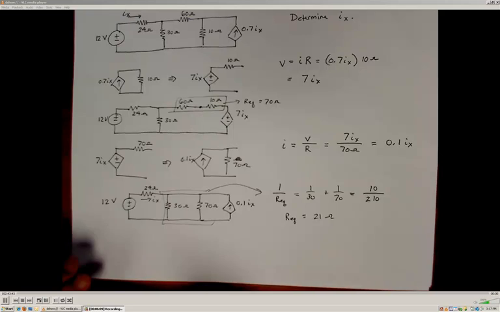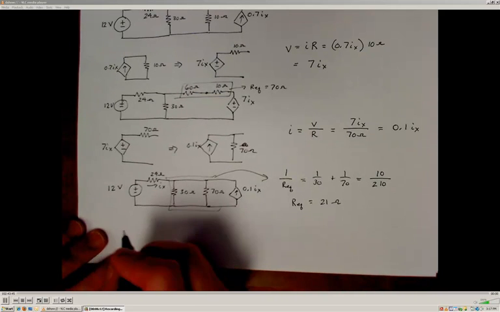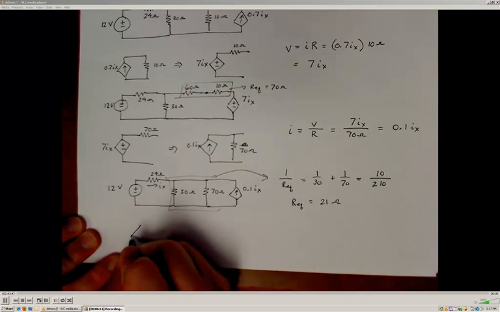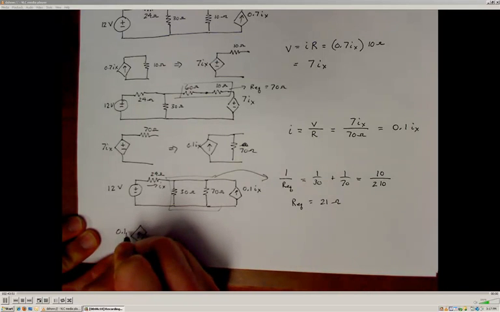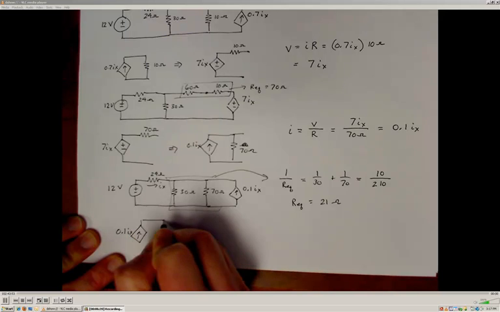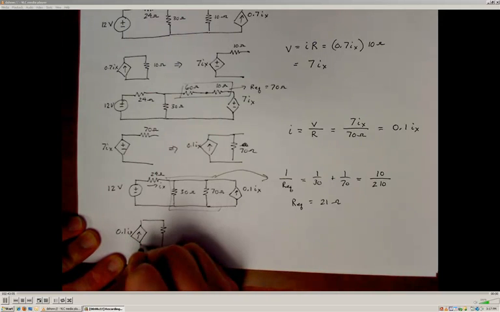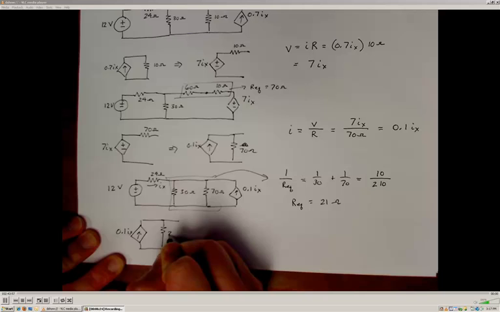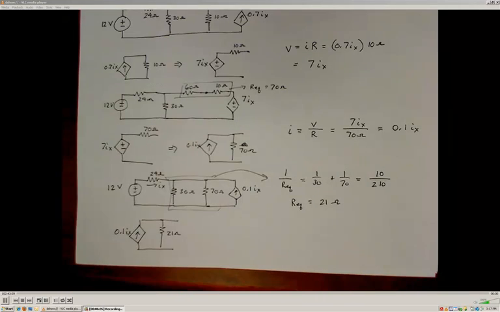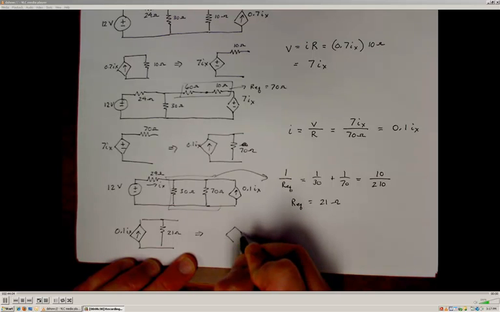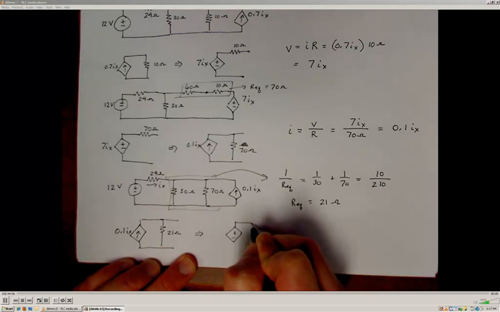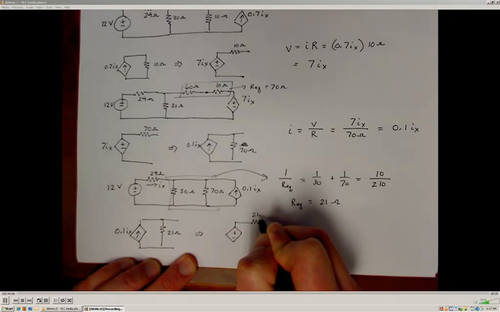Alright, so that means now what I can do is take my dependent current supply, which is acting as though it's in parallel with a 21 ohm resistor, and transform that back into a Thevenin equivalent circuit with a dependent voltage supply that is in series with a 21 ohm resistor.